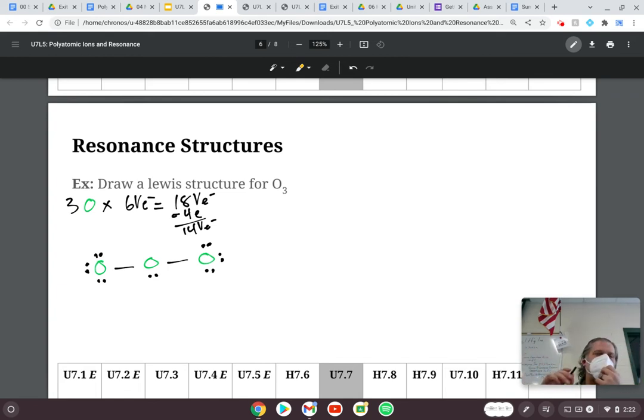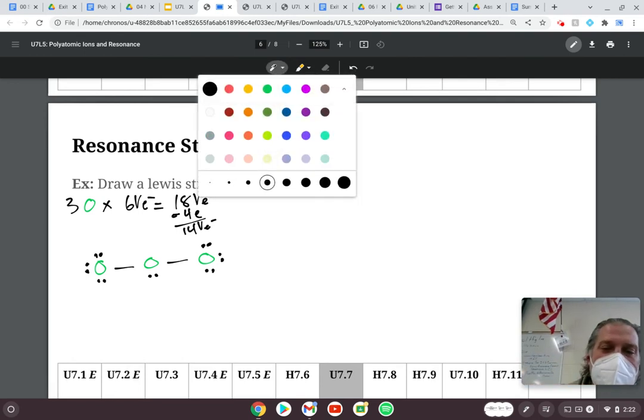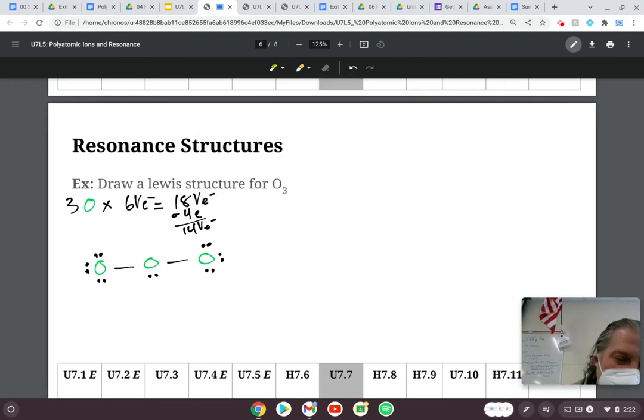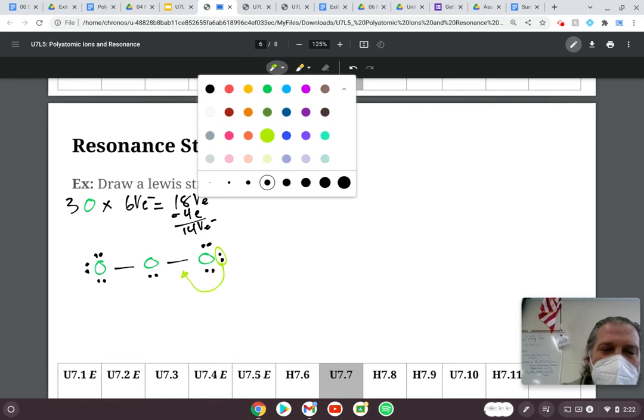So that means that in this instance, when you don't have enough electrons to get 8 for every atom, you end up adding a multiple bond by shifting one of these pairs. So in this case, I'm going to shift a pair over here. And I'm just going to redraw this structure off to the right with that shifted pair.